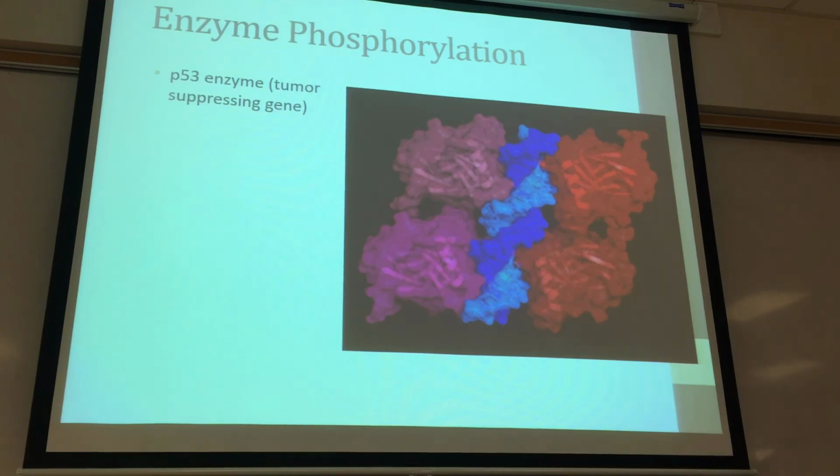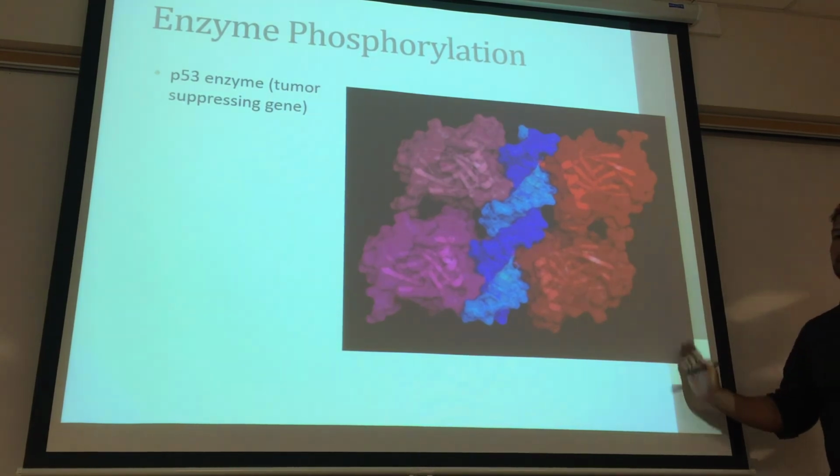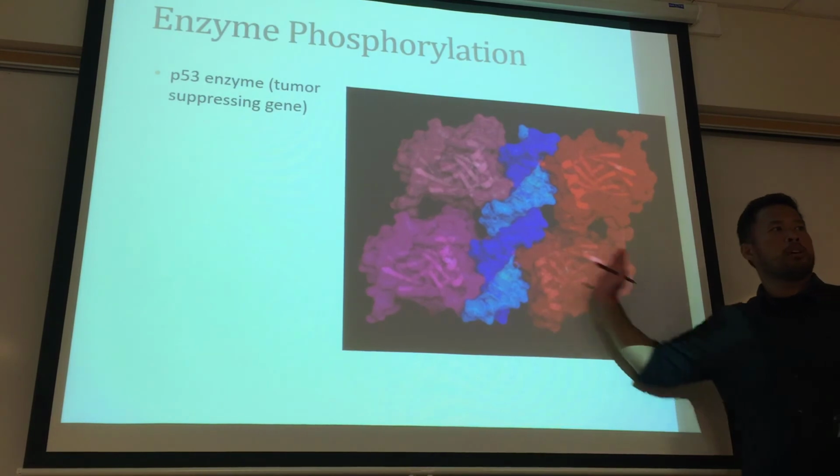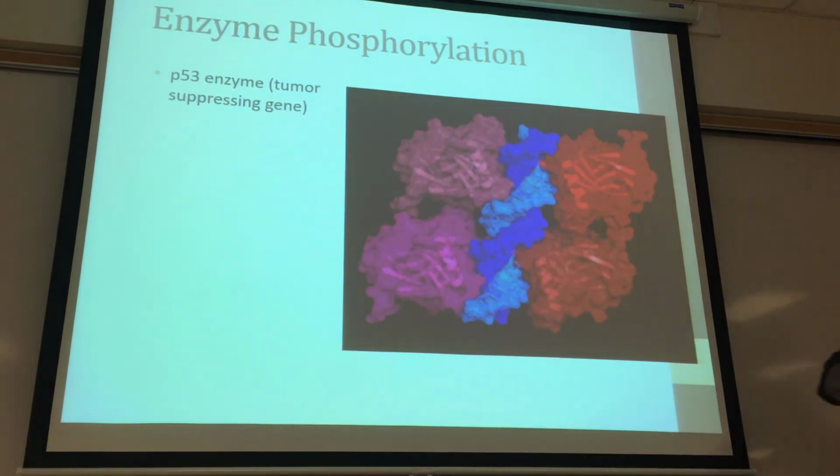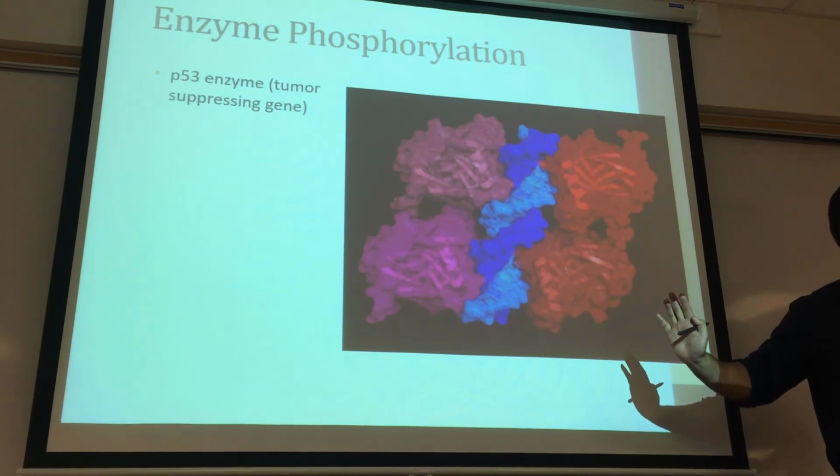This is an example of an enzyme that's involved in cellular division, something that we'll talk about on Tuesday. Cellular division takes place, and there's something that will turn this back on, and they'll do it so that it can stop that cell from continually dividing.